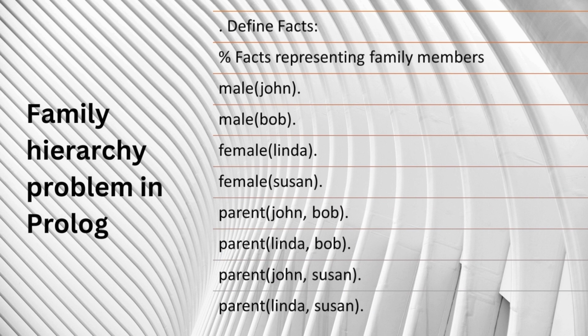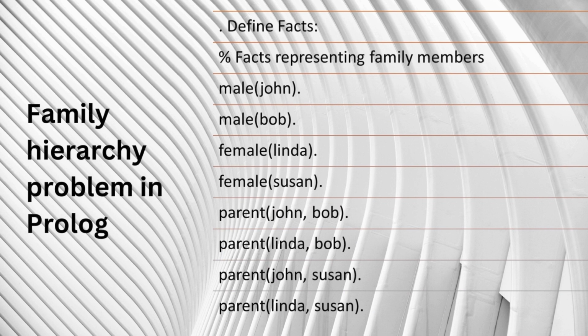First, define facts. Start by defining facts to represent the family members and their relationships. For example, facts representing family members. So, male(John), that means John is male. Then male(Bob), female(Linda), female(Suzanne), parent(John, Bob), that means John is a parent of Bob.